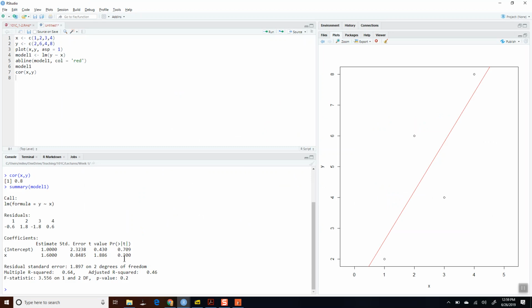And we get a p-value of 0.2, okay? Which, by all accounts, we would say is larger than our alpha, assuming we're using alpha 5% or something smaller, right? And so, basically it's saying the slope that we're estimating, 1.6, could just be a result of random chance.